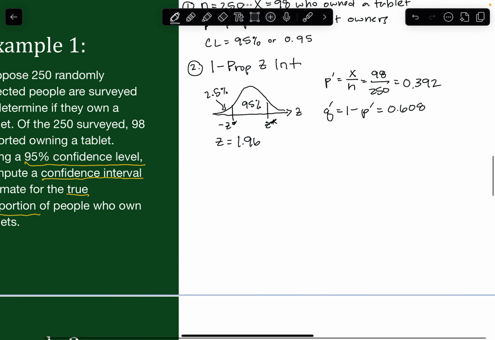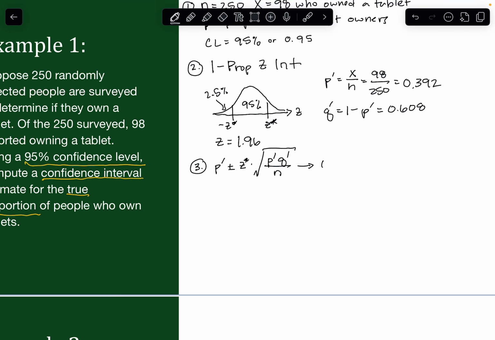So from here, we're going to go ahead and pull that formula down for a 1 prop z int. P prime plus or minus critical value times standard error, which for proportions is the square root of P prime Q prime over n. And then we plug our values in.